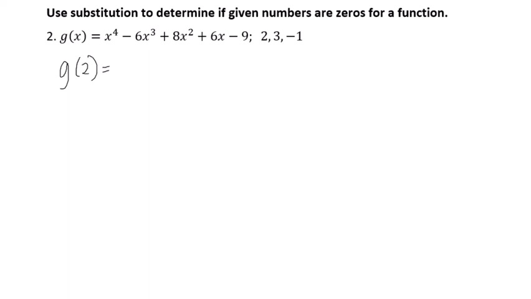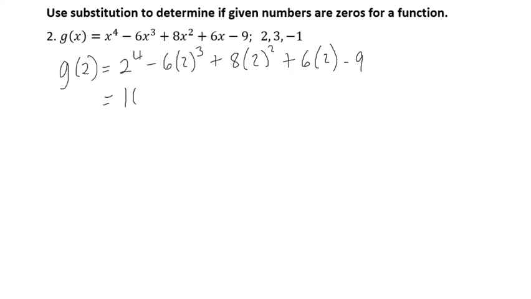So g of 2 is equal to 2 to the 4th minus 6 times 2 to the 3rd plus 8 times 2 squared plus 6 times 2 minus 9. 2 times 2 times 2 times 2 gives you 16, minus 6 times 8, which is 48, plus 8 times 4, which is 32, plus 6 times 2 is 12, minus 9. Simplify all that, and you get 3.